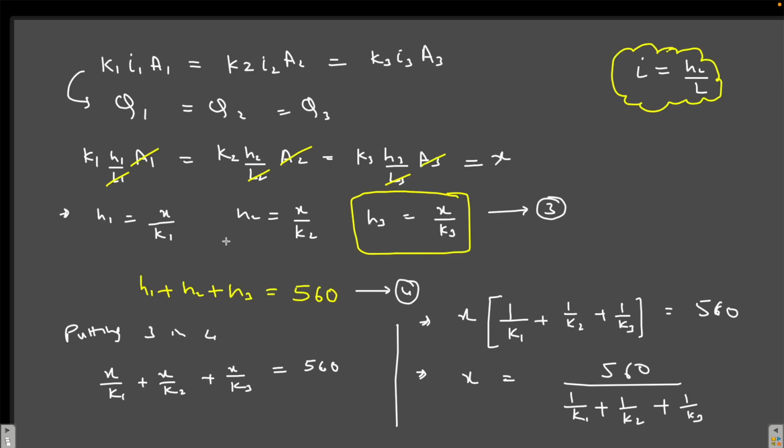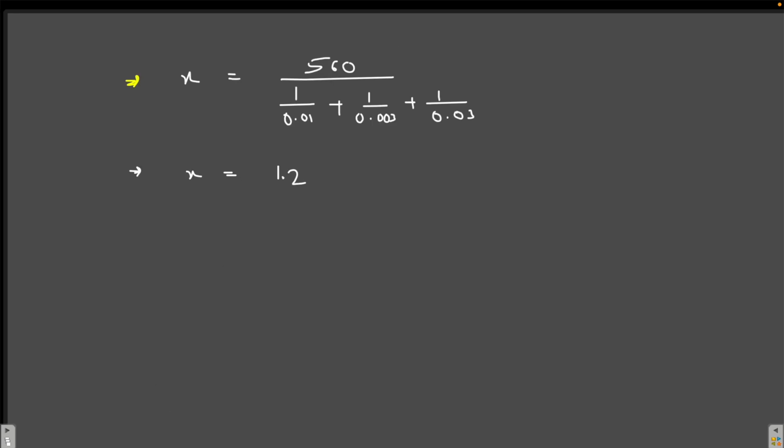Now once you get the value of X, you have to find H3 or H. So finally H3, which is equal to H, will be equal to X by K3, that is 1.2 by 0.03. This is the value of K3. So let's solve this.